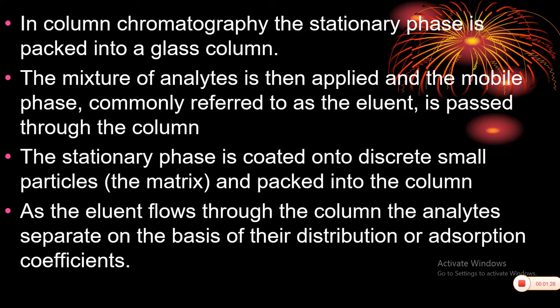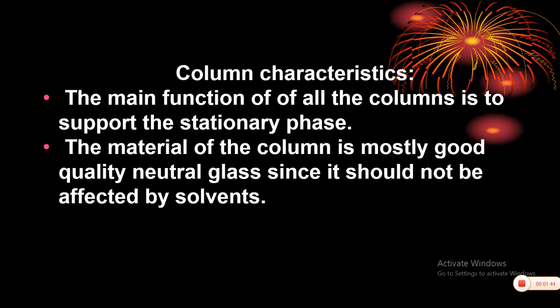The stationary phase is coated with discrete small particles, it is matrix, and packed into the column. As the eluent flows through the column, the analyte separates on the basis of their distribution or adsorption coefficients. So, in column chromatography, the selection of column, selection of adsorbent, selection of solvent, column preparation are the important stages.